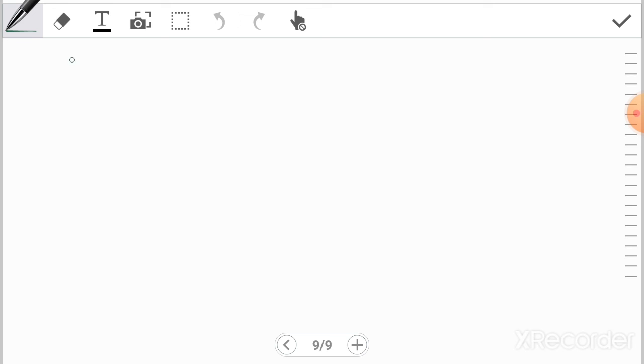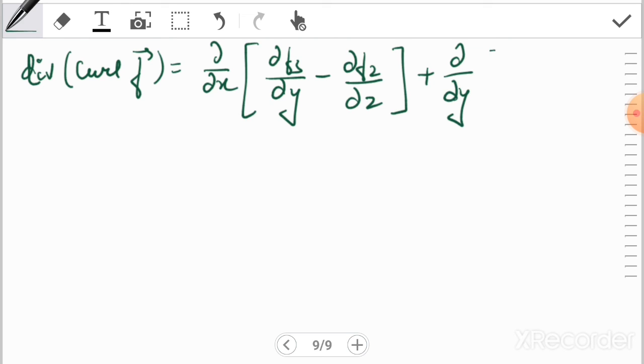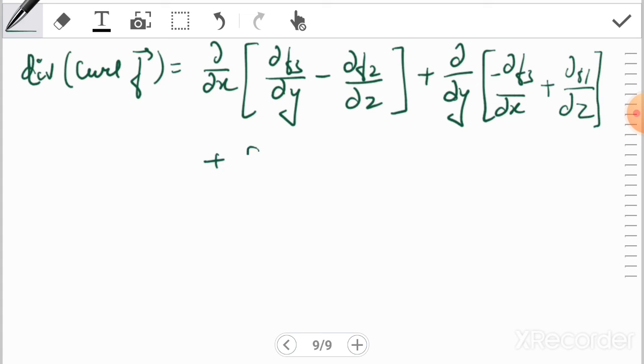Now the divergence of curl f is del by del x of del f3 by del y minus del f2 by del z, plus del by del y of minus del f3 by del x plus del f1 by del z, plus del by del z of del f2 by del x minus del f1 by del y.